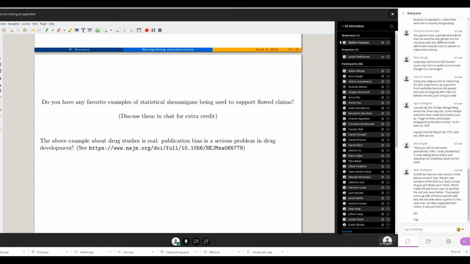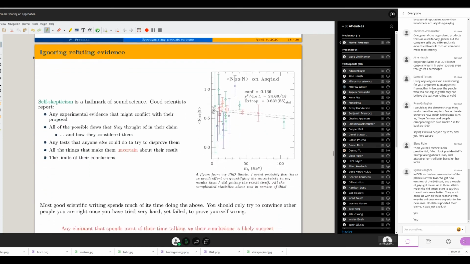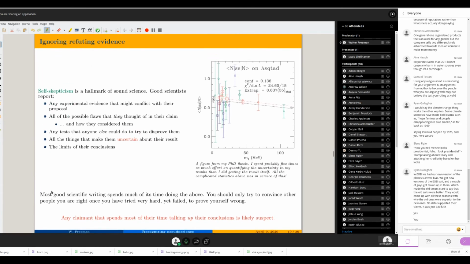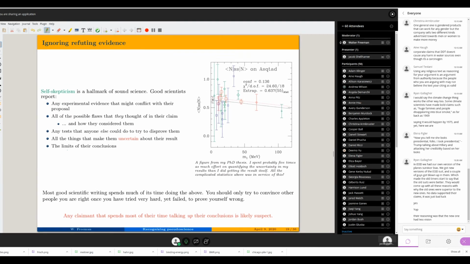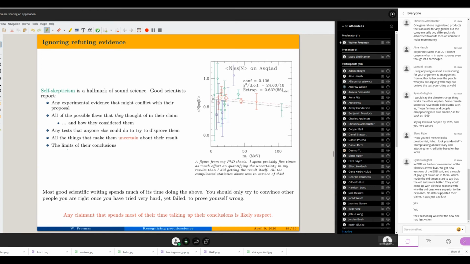Yeah, so this is an insidious thing that people have to be on guard against. And again, no one's trying to be deceptive. Nobody wants to get blown up. But this is people making honest mistakes. The reasoning was that the new one had less vision.